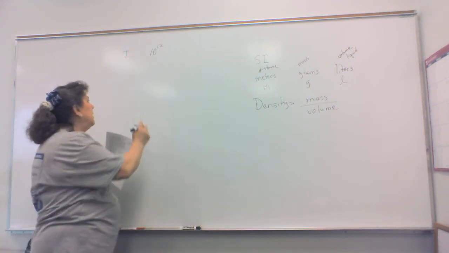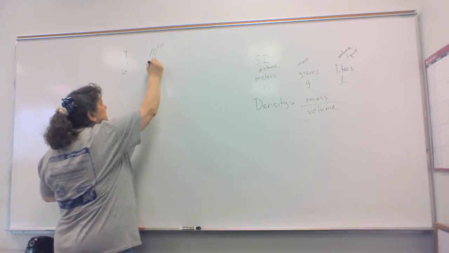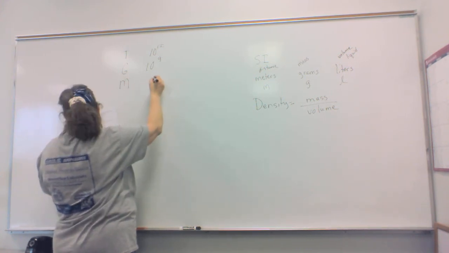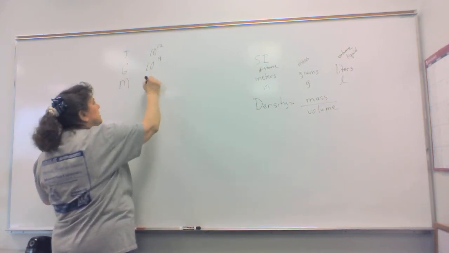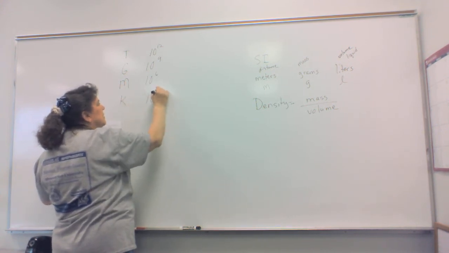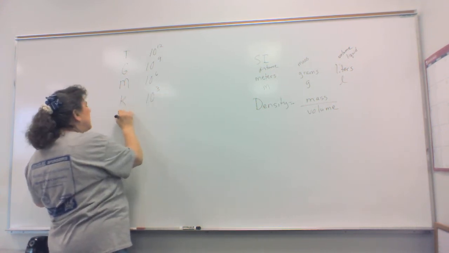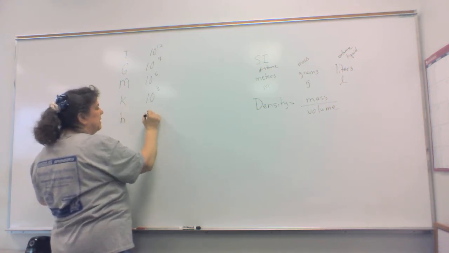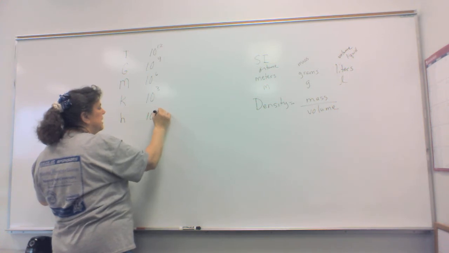Okay? And giga is 10 to the 9th. A mega or a megameter or whatever is 10 to the 6th. Kilo is 10 to the 3rd. And then you go hecto, and hectometer or whatever it would be is 10 to the 2nd.